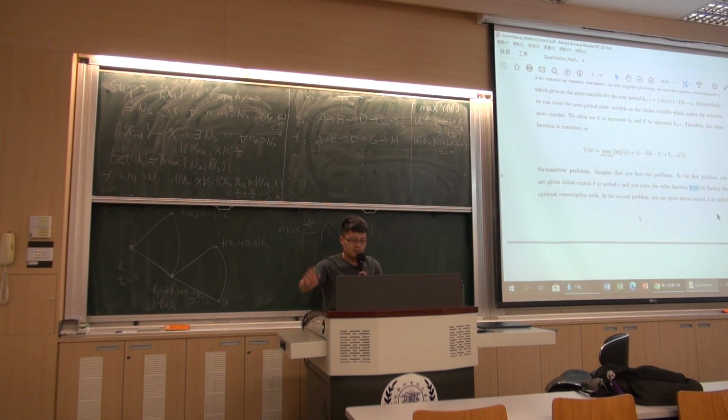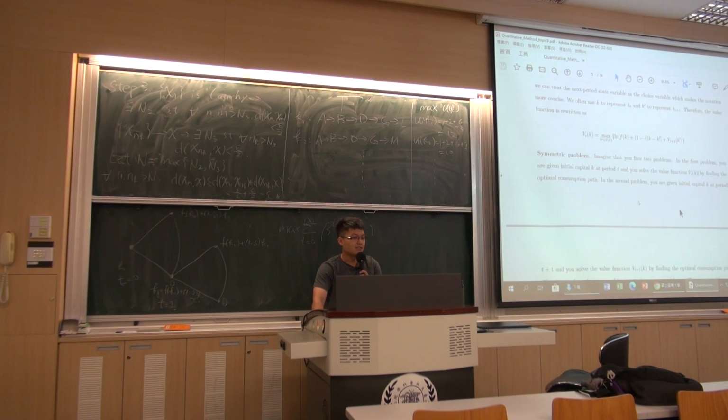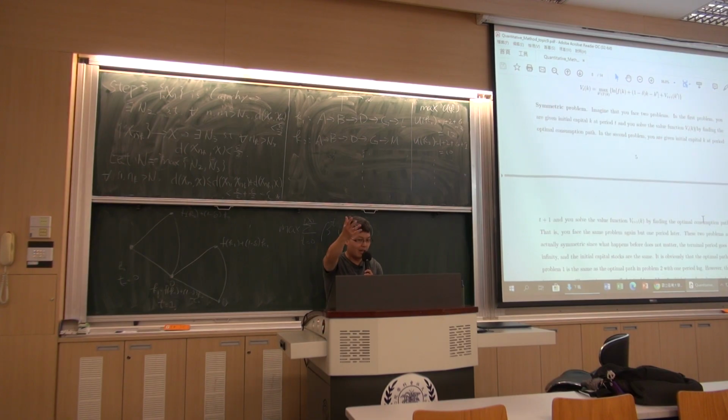Then the second problem is that, again, I tell you that now you have the capital k again, but at period t plus 1. And I will ask you to solve the value function again. And you will tell me that the optimal consumption path is actually the same. What's different is that the consumption starts from period t to infinity, or it starts from t plus 1 to infinity.